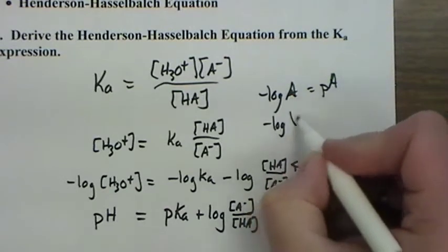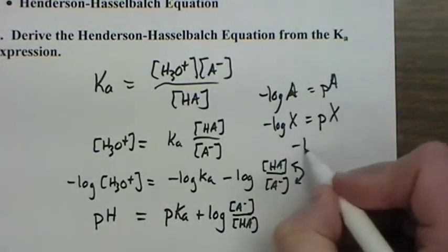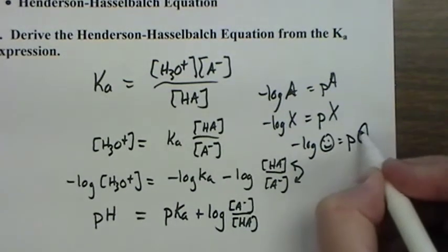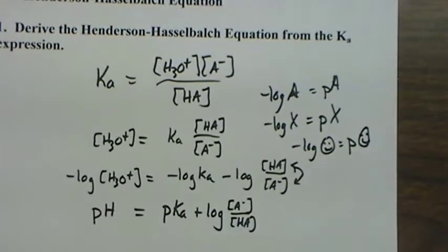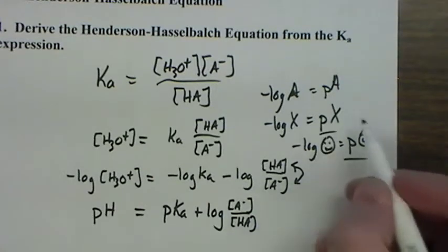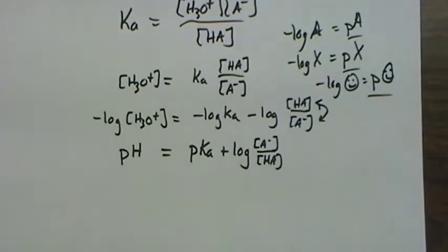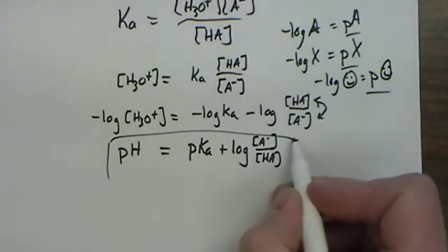Negative log of capital X would be pX. Negative log of smiley face would be p smiley face. So anytime you see that negative log of something, it can be converted to that in this context when we're dealing with this kind of math. So this is the Henderson-Hasselbalch equation.